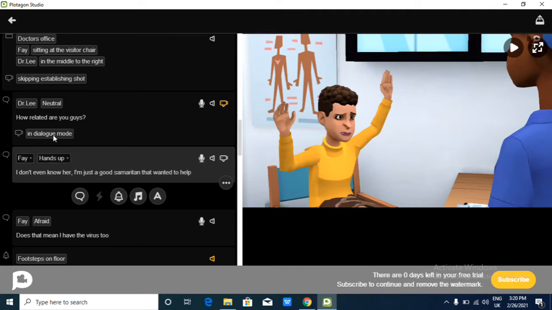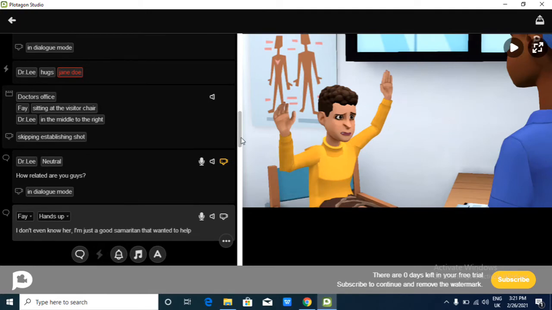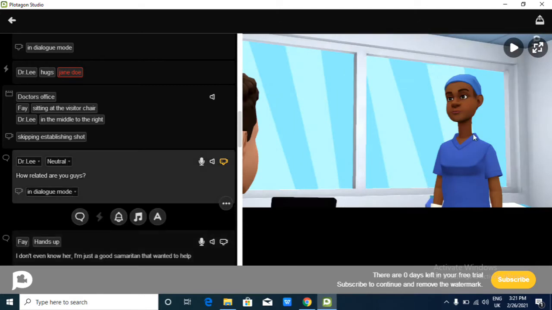Then Faye was like, I don't even know, I'm just a good Samaritan, I wanted to help, and stuff like that. So if you're watching the movie, they are meant to be in the same room, where Jane Doe would be on the bed, and this lady Faye would be on the visitor's chair, and the doctor would be in the middle of them.